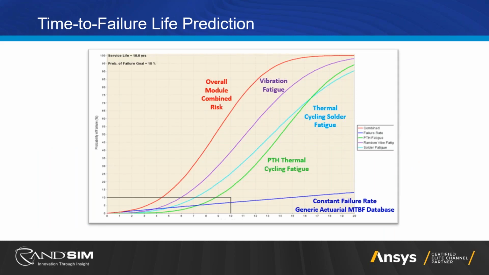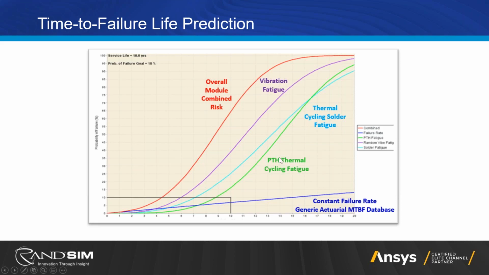And so once you've run through all of the different analysis that you're interested in, you're able to get an overlay of all of the different times to failure that you evaluated. And so we've got our thermal cycling due to solder fatigue. We have PTH, plated through hole thermal cycling fatigue, vibration fatigue, constant failure rate associated with the component database.